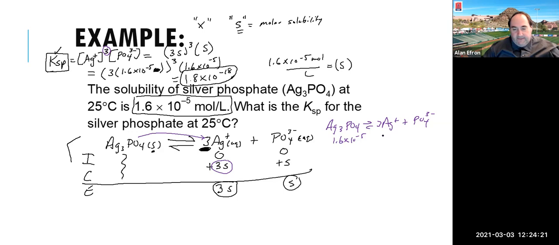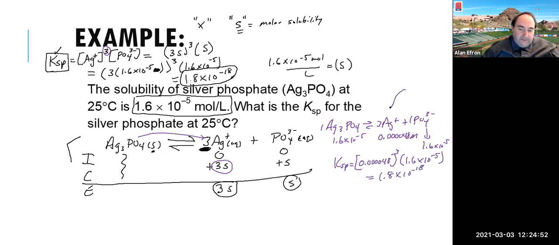That gives us 0.000048 molar. This is a 1-to-1 relationship between this guy, which means the concentration of this guy is this. You then could go right into the KSP expression and take your silver and cube it and times it by this.